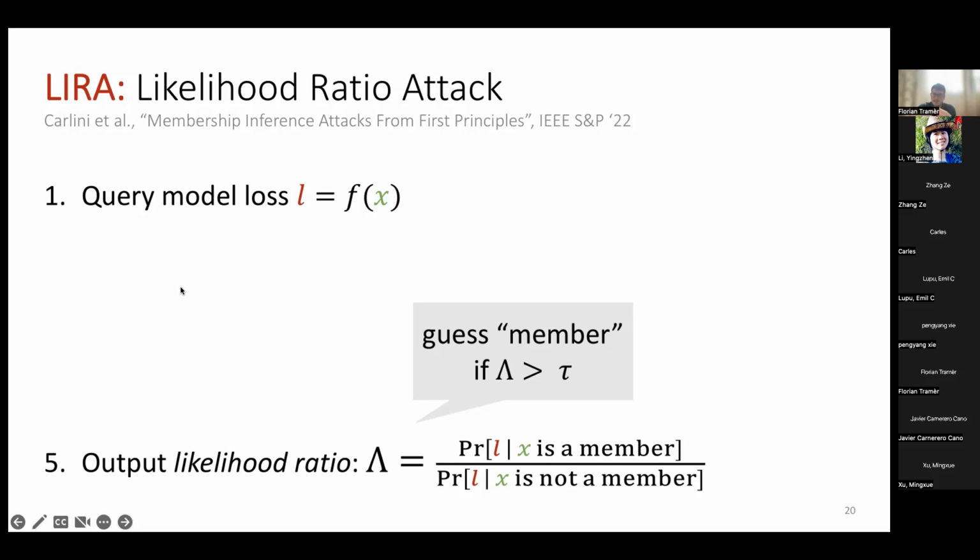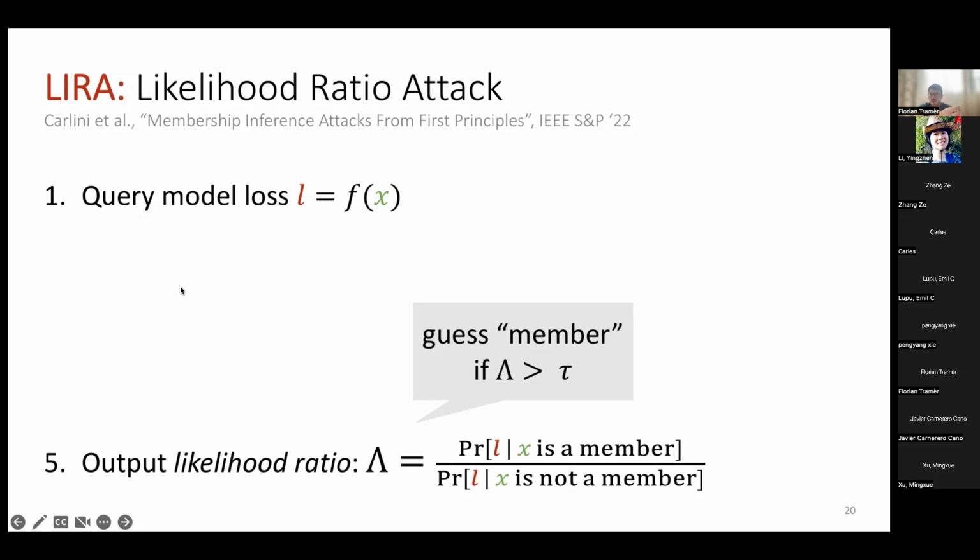And at the very end, what the attack wants to output is a likelihood ratio test, which is just a ratio between two probabilities. The probability that we would have seen this particular loss if we had trained on this input, and the probability that we would have seen this particular loss value if the image we're looking at had not been in the training set.